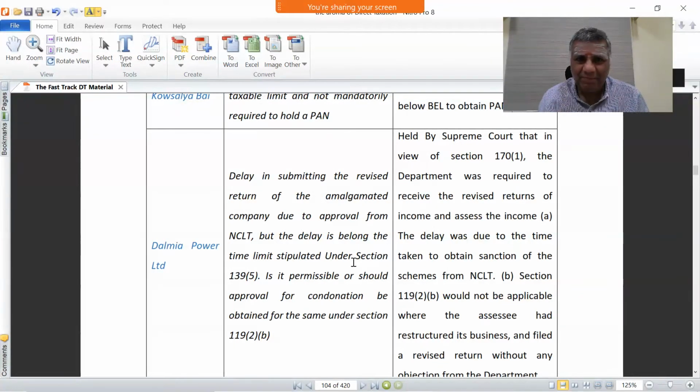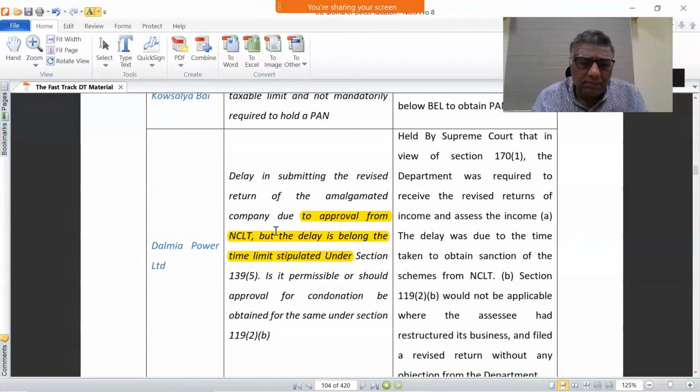And is the power of extension only for the original return? Here it is along with Maruti. That's why I told you yesterday when I read question number 2A in our question paper, I said that you will understand this as the Maruti Suzuki case. The facts are as it is placed.